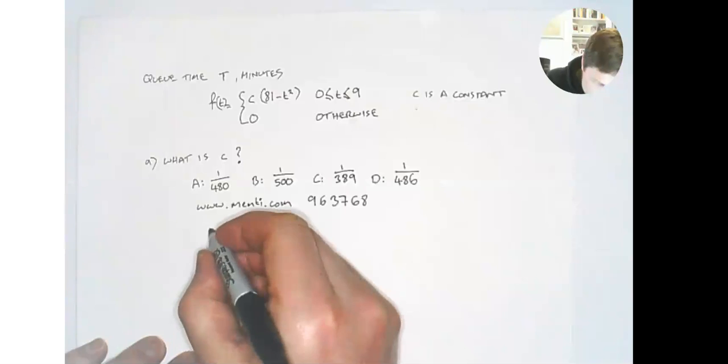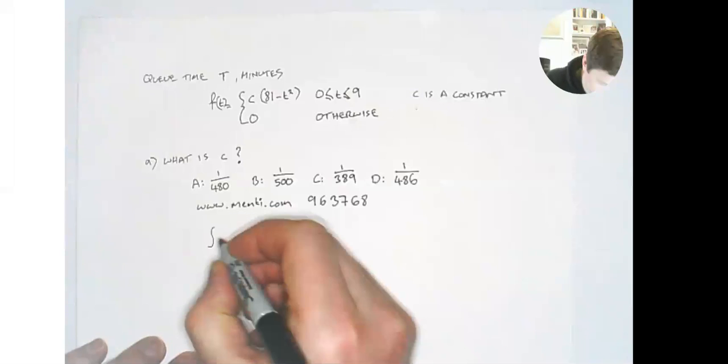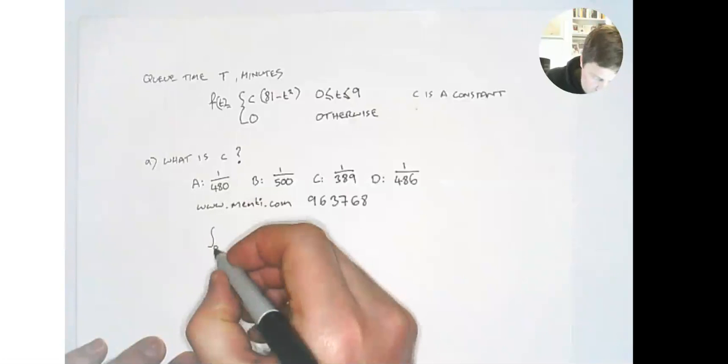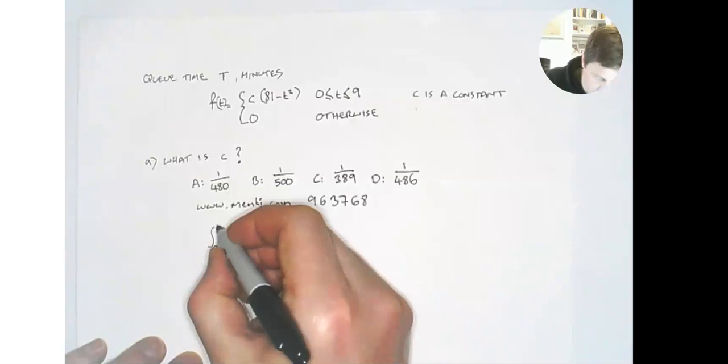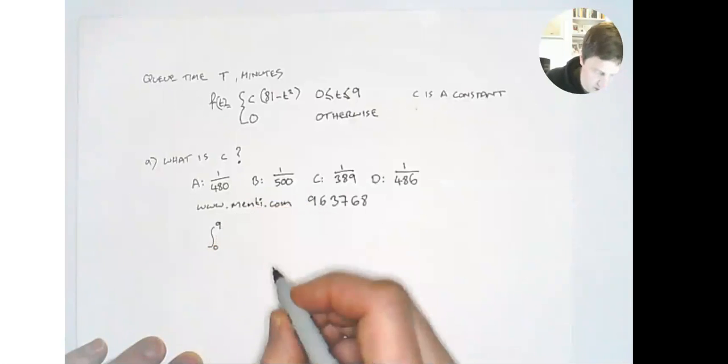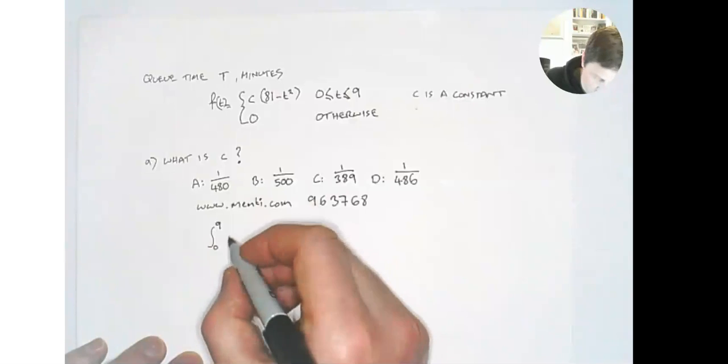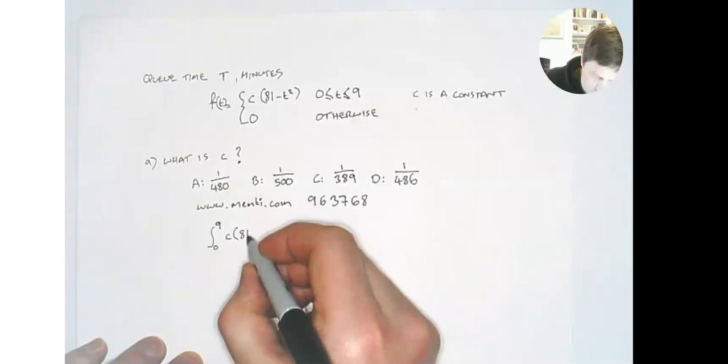So if we were integrating this over the whole space, well, from t from minus infinity to 0 is 0, and from 9 to infinity is 0, so we only need to be concerned with this interval 0 to 9, where we put in our function.